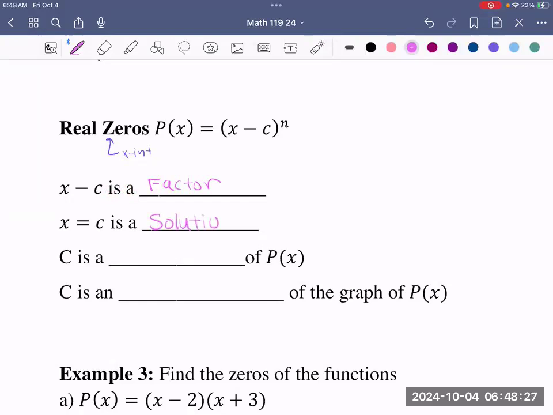So when x is equal to something, you have a solution. Therefore, c is your 0 of your graph, or of p of x, your function. And again, because it's a 0, it's called your x-intercept of the graph. So we should have the coordinate c comma 0 on your graph. This is where your y value is always 0 on your x-intercept. And c is that solution.